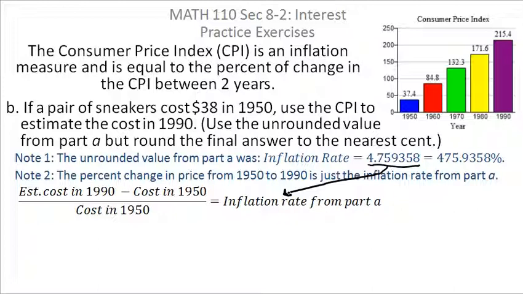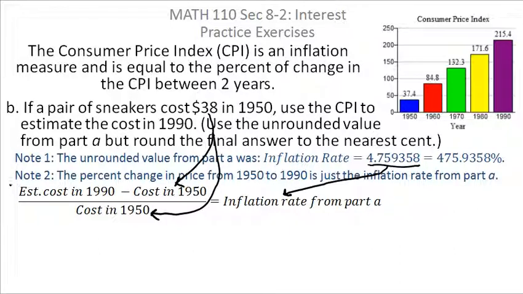So if I want to find out, based on the CPI from that graph, about what a pair of sneakers would cost in 1990 that cost $38 in 1950, then all I would do is take the inflation rate that I calculated from A, take the 1950 cost of the sneakers, plug it in here and here, and then solve for the estimated cost in 1990.